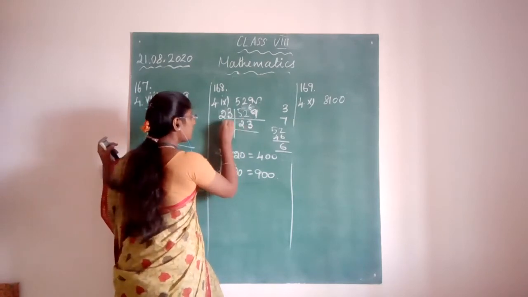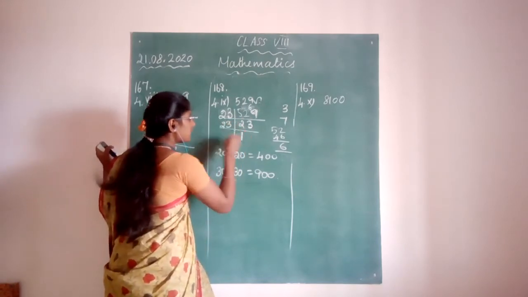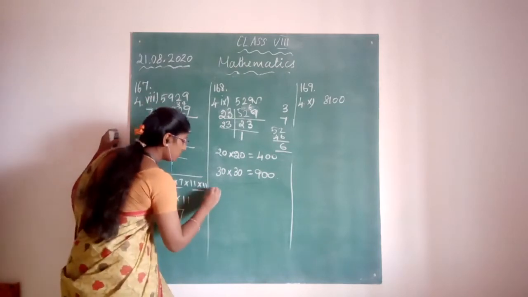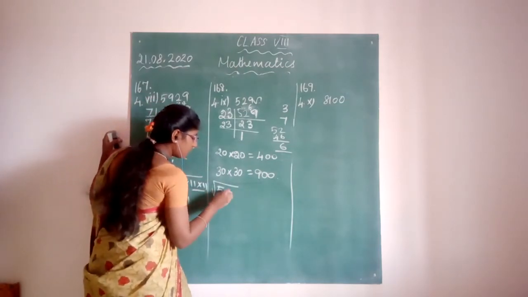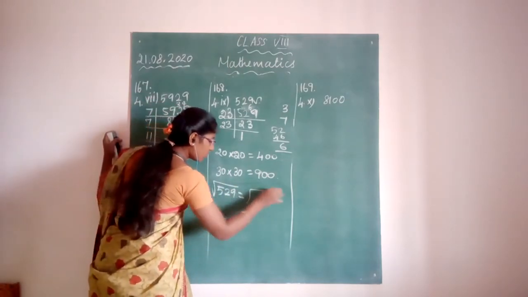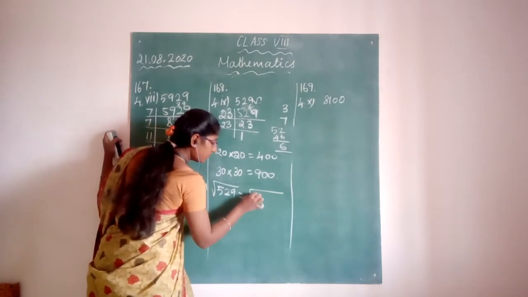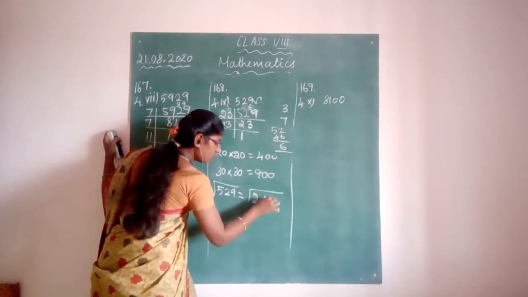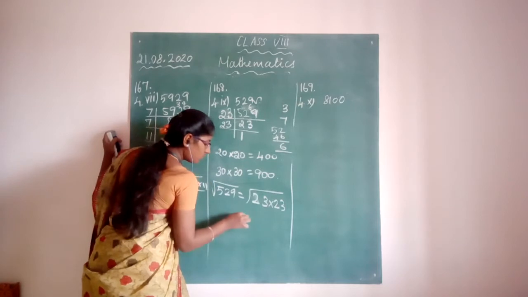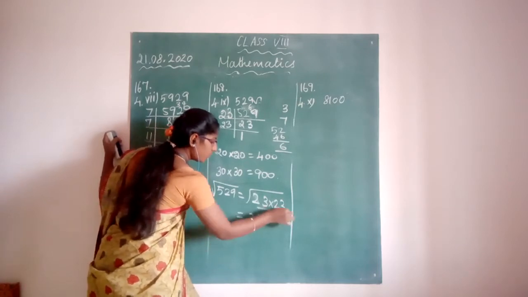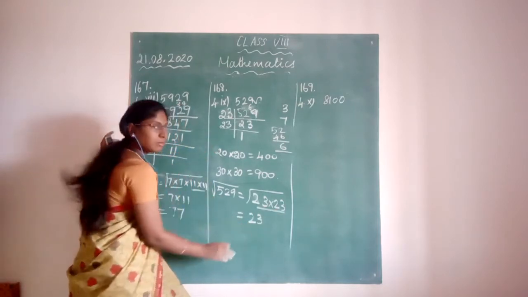Then again you will have 23 ones are 23. That's all. So root of 529 is equal to root of 23 into 23. So the square root of 529 is nothing but 23.